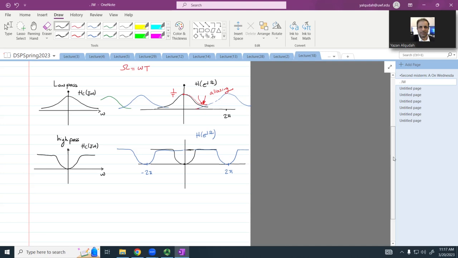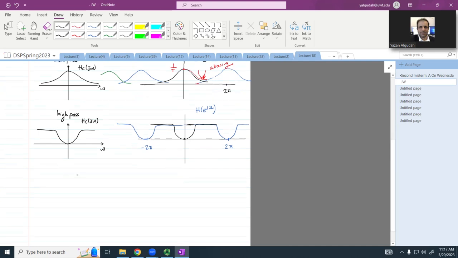So therefore, what do we conclude? Even if you sample more, it's not going to make any difference. Even if you move that replica, this is going to go from negative infinity to infinity. Make sense? So can we use the impulse invariance method to design a high-pass filter? We cannot.